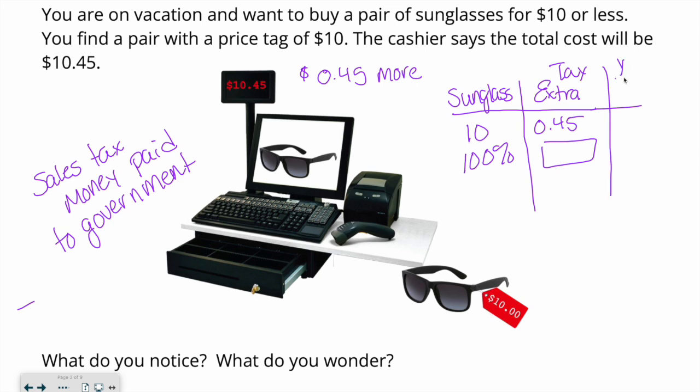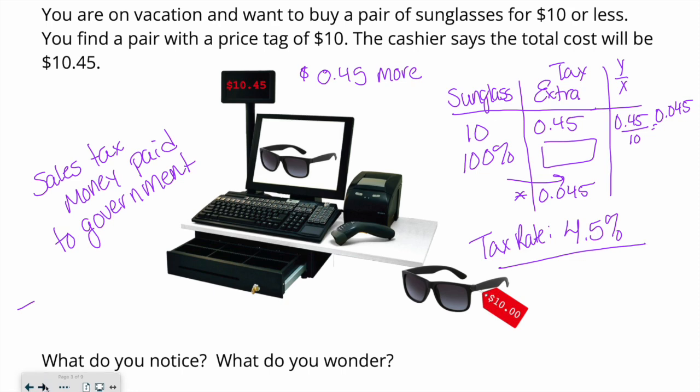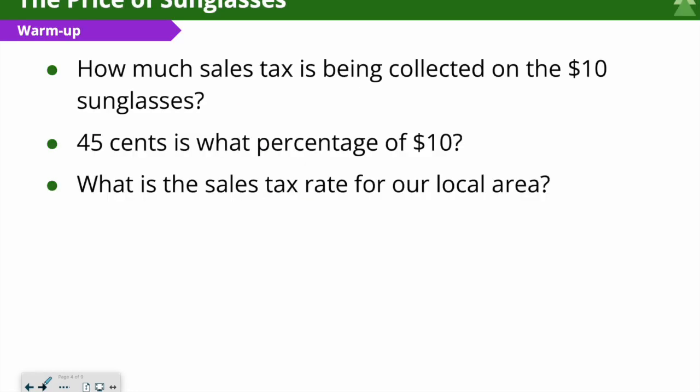And so if we find our constant of proportionality, 45 cents divided by 10 gives us 0.045. And then we multiply that constant of proportionality by 100. We find that the tax rate for wherever we're on vacation is 4.5%.